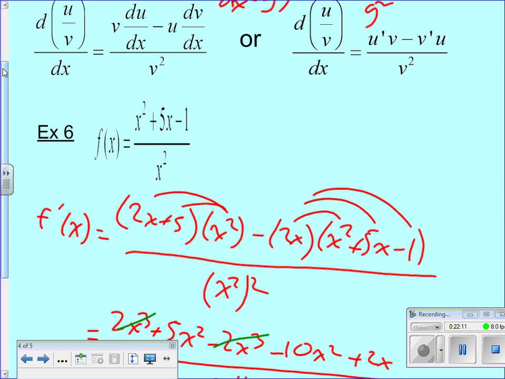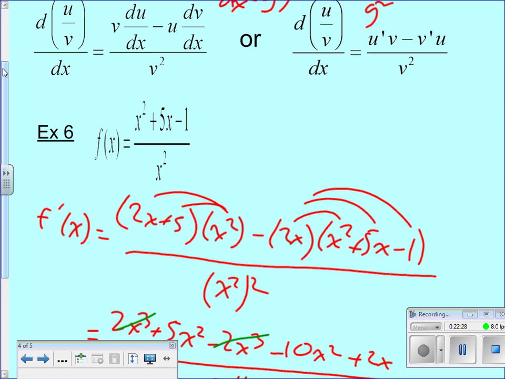Because I have a single term down here, I could make it into several individual terms. X squared over x, plus 5x over x squared, plus minus 1 over x squared, and do those.